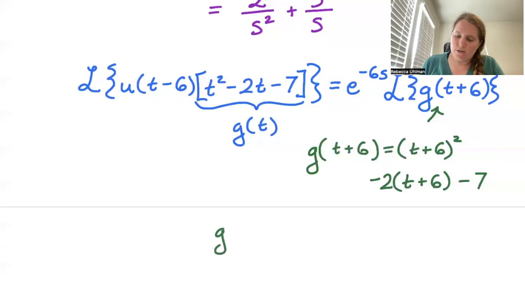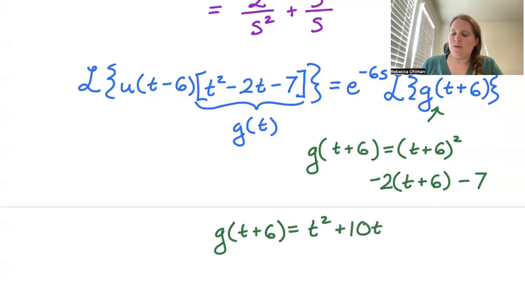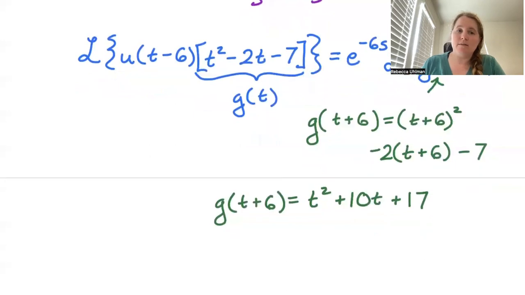So we have t squared, then plus 12t minus 2t is plus 10t, then plus 36 minus 12 is 24 minus 7 is plus 17. So g of t plus 6 is t squared plus 10t plus 17.